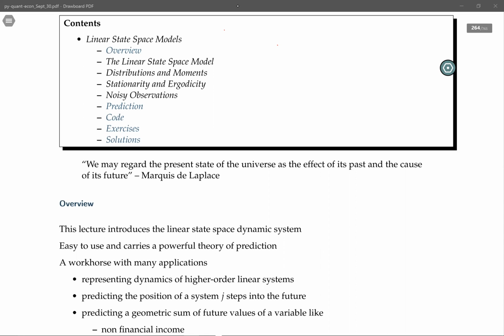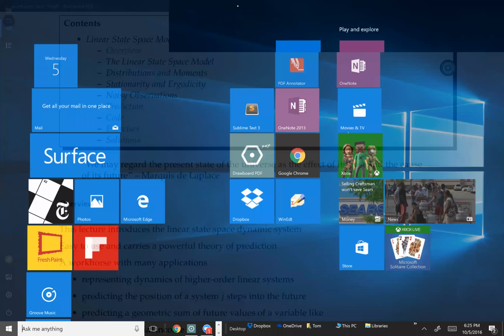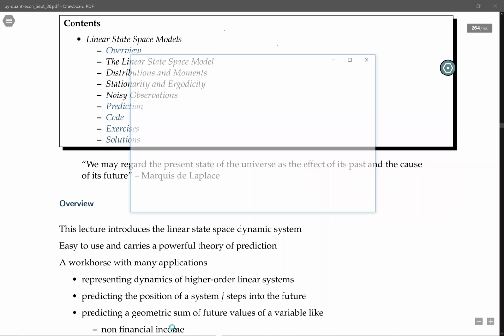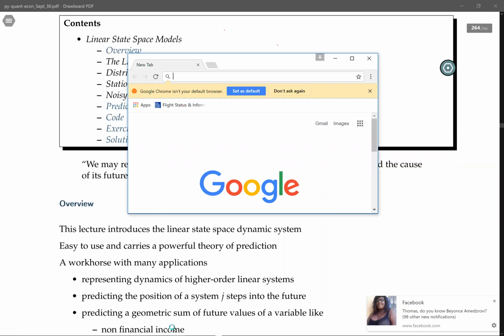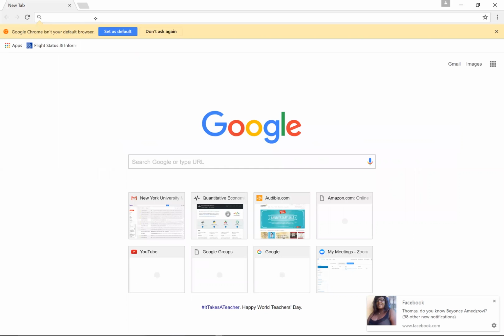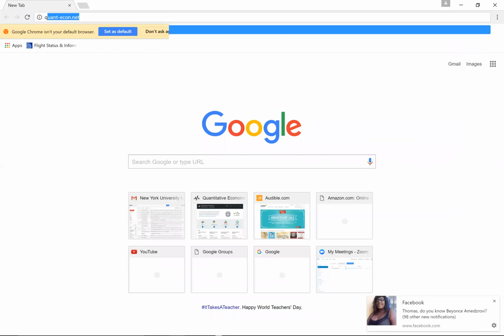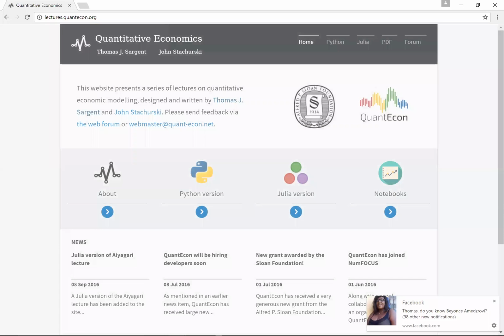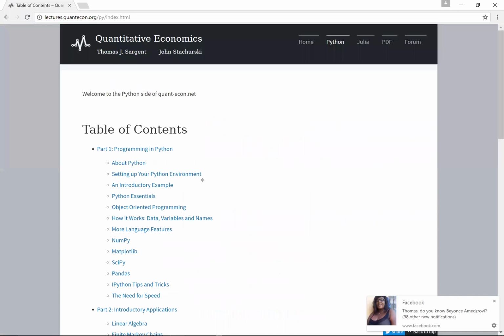And where I'm getting this material from is, well, I'll attempt to be a little fancy now. I'll fire up Google, and I'm going to go to a website called QuantEcon, and there's a set of lectures here.